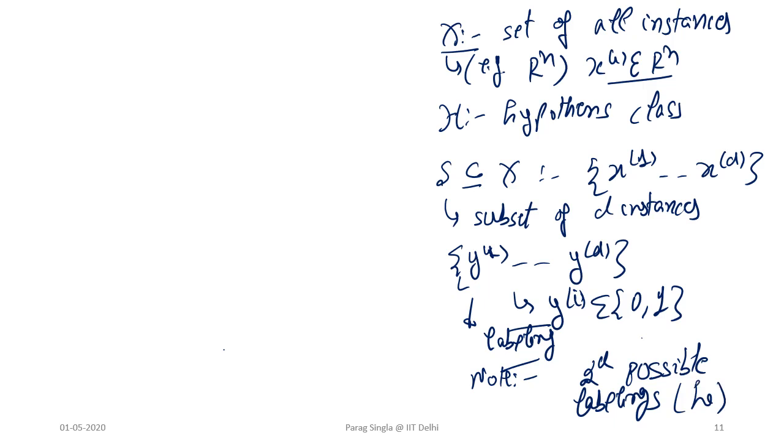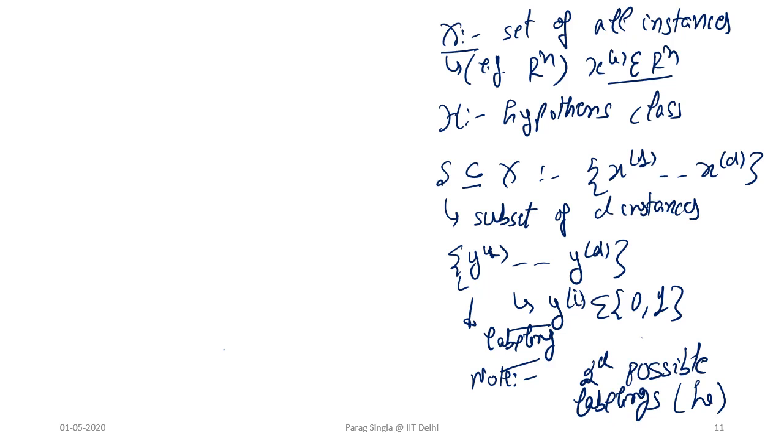Wherever required, we'll denote this by the set curly L. In some sense the set of all possible labelings depends on the set S, but we drop the subscript S to keep the notation simple. So X is the set of all instances, H is the hypothesis class for which we are trying to find the VC dimension, S is a subset of d instances where d is some finite number, and y1 to yd is a particular labeling assigning a label to each point.